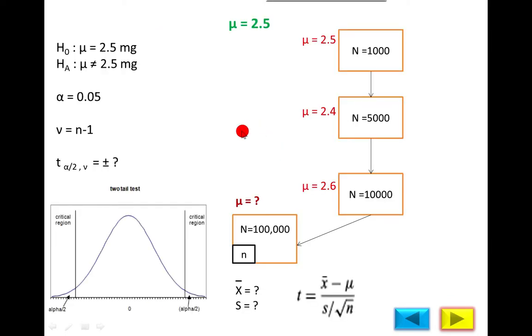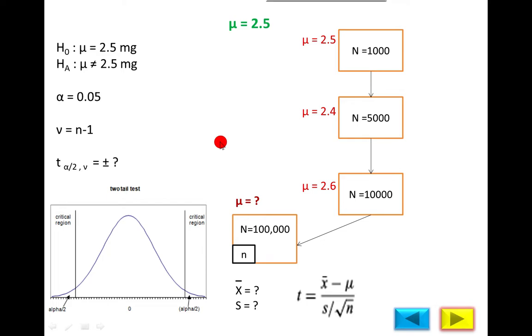Now, this is a practical example. With the help of this example, you can understand what testing of hypothesis is, what its purpose and objective are, and when we use it. There are four objectives you can understand with this example.